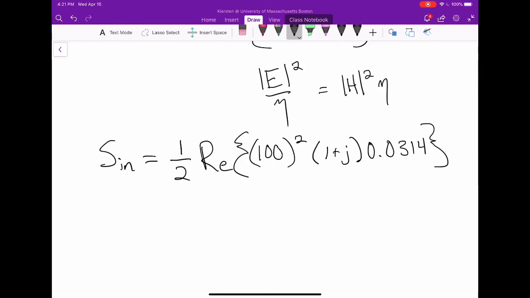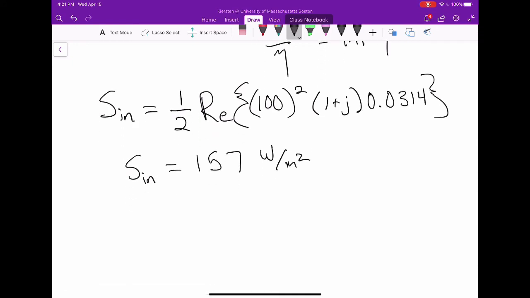If you solve that out, S in has a magnitude of 157 watts per meter squared.